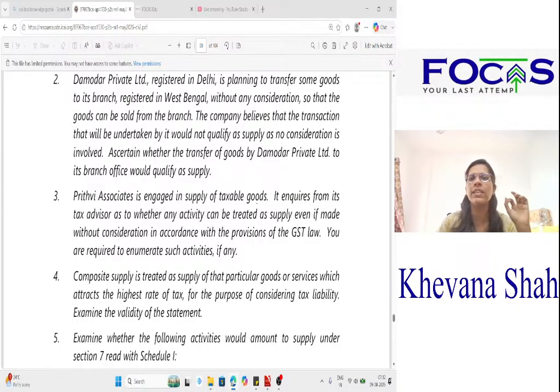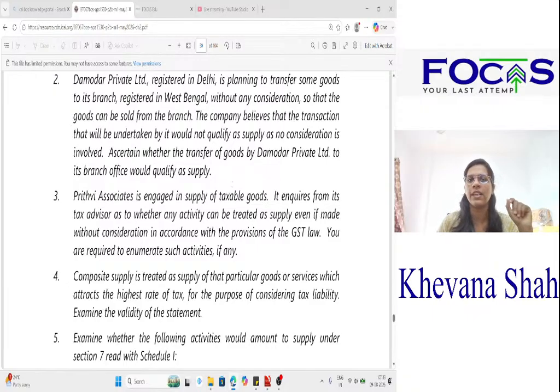Now what this company is saying is that, okay, if we see for supply, we used to check three things, right? That there should be supply of taxable goods or services, that should be for a consideration, and it should be in the course or furtherance of business. So in this particular case, two of our conditions are getting fulfilled. That is, it is a supply of goods, and it is in the course or furtherance of business.